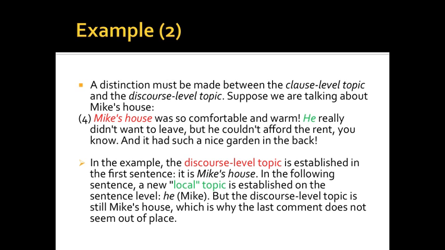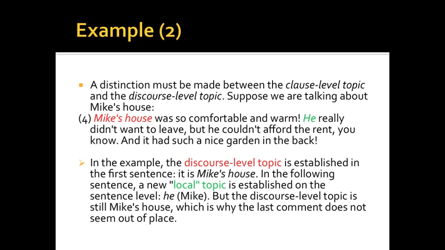Suppose we are talking about Mike's house, like in sentence number 4: Mike's house was so comfortable and warm, he really didn't want to leave, but he couldn't afford the rent, and it has such a nice garden in the back. In this example, the discourse level topic is established in the first sentence, so the whole discourse is about the topic Mike's house. In the following sentence, a new local topic is established on the sentence level: he really didn't want to leave.